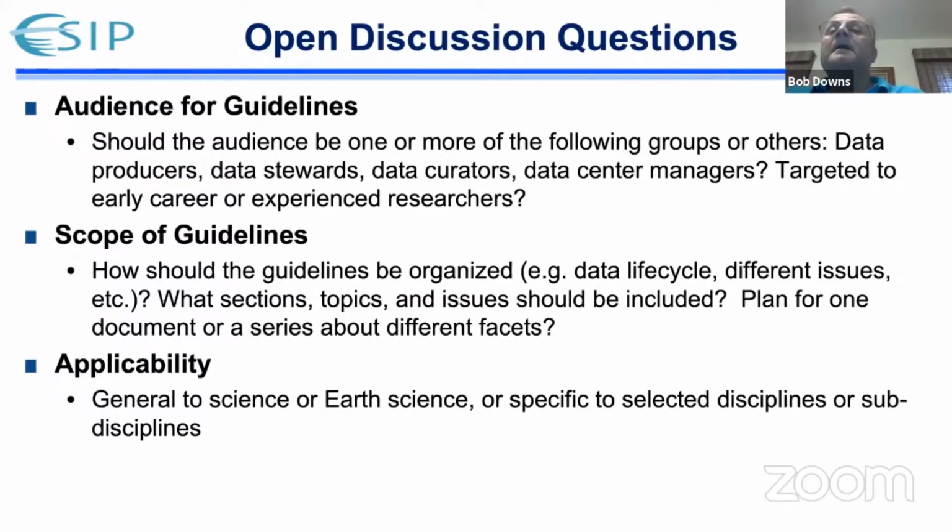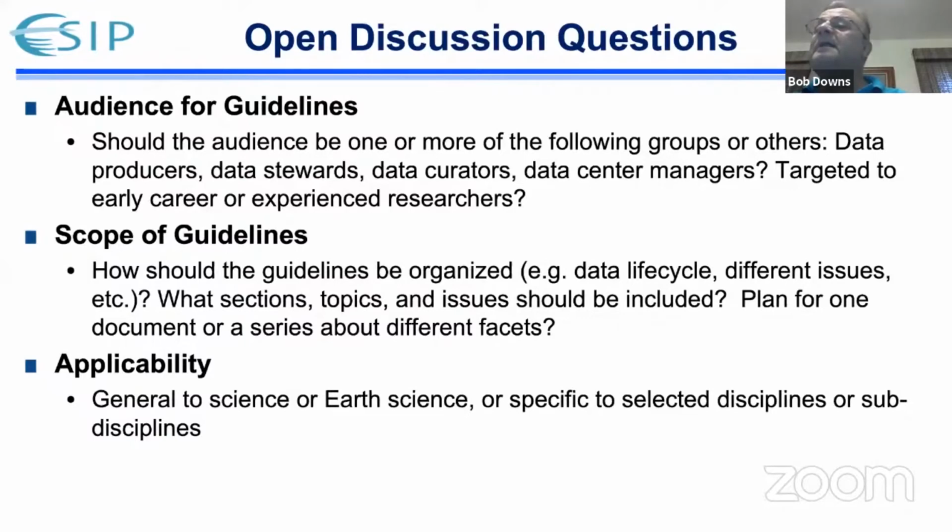That is, should there be some kind of prerequisite information needed in order to understand the guidelines, or maybe the guidelines should have some kind of preliminary information contained within them. So if we could start out talking about the audience, maybe that will help us to start thinking more about the scope of the guidelines.